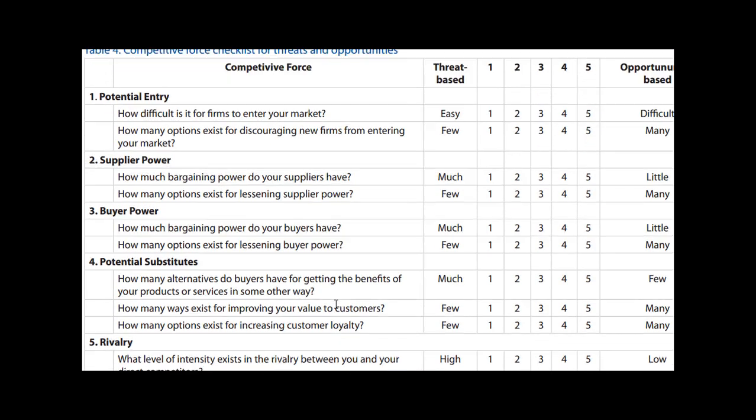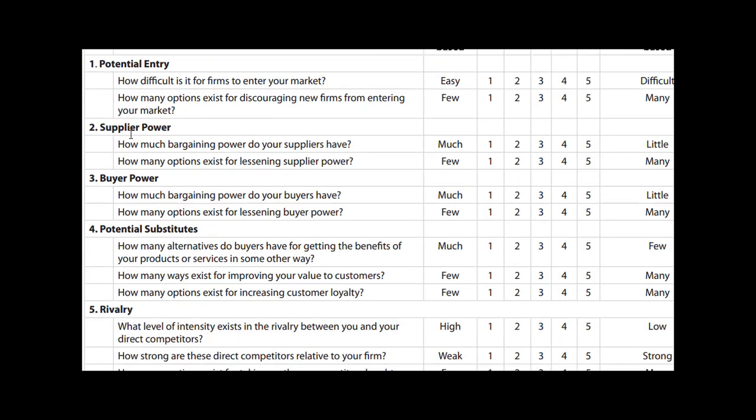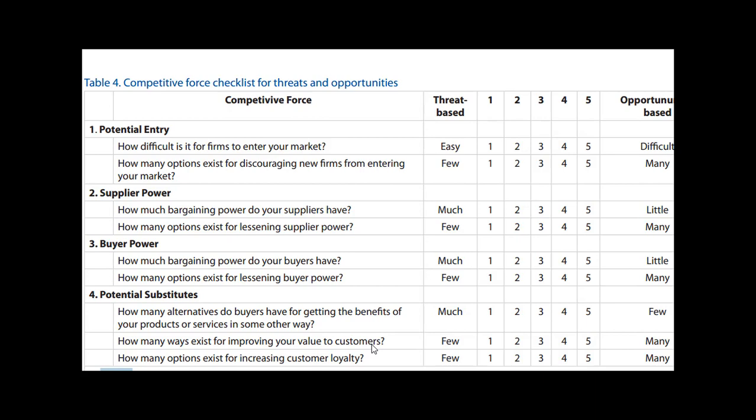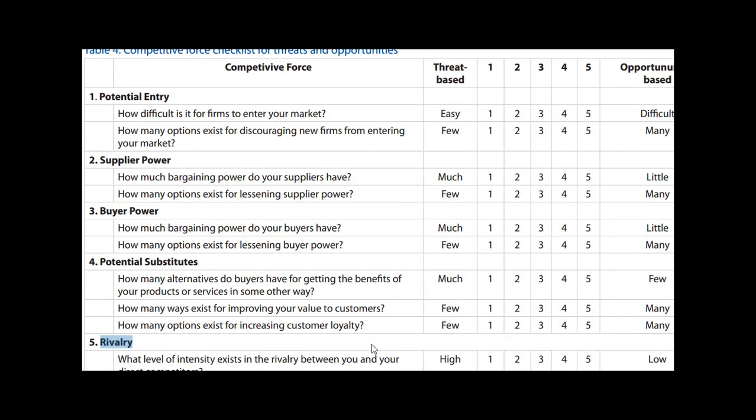He talked about 5 factors, and those were potential entry, supplier power, buyer power, potential substitutes, and rivalry. Together, these 5 forces are called the Porter 5 forces model, and theoretically he says when we try to understand the dynamics of an industry to enter or not, we try to evaluate according to these 5 forces.